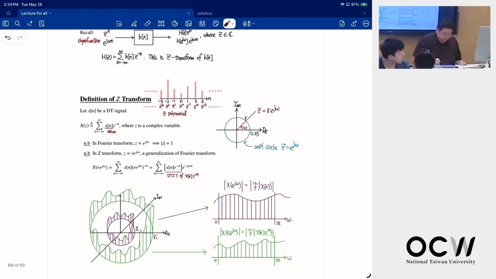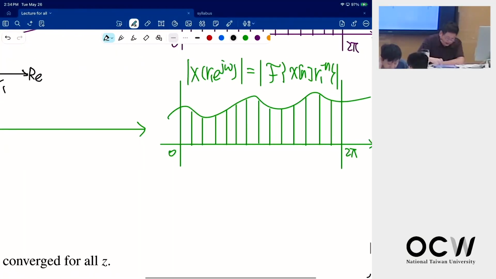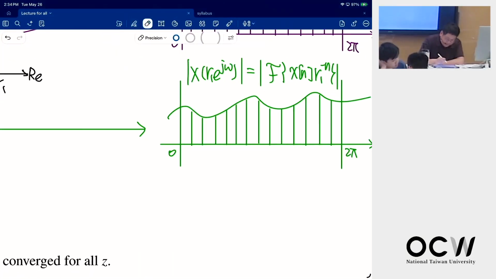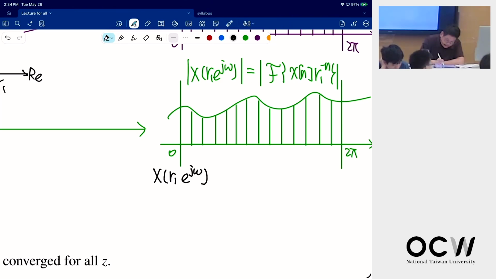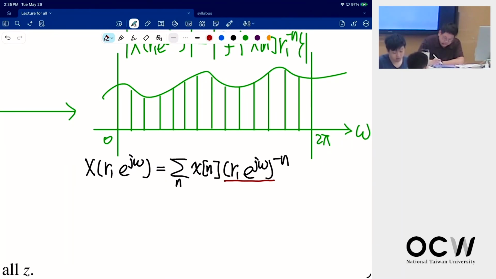Therefore, we write it down here: the Z transform at r1 e to the j omega is the sum of x[n] times r1 e to the j omega to the minus n. Is this a basis? No, this is not the basis.